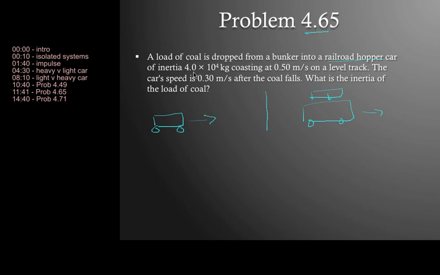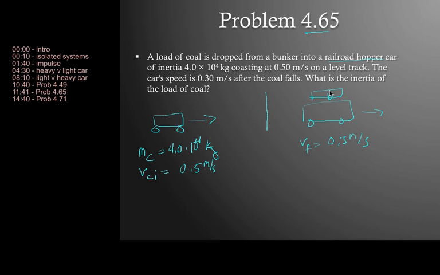Okay, so a few more pieces of information. One is that the mass of the car is 4.0 times 10 to the 4 kilograms. We know the initial velocity of this, that's 0.5 meters per second. And we know that after the collision, so this is v final, is 0.3 meters per second.